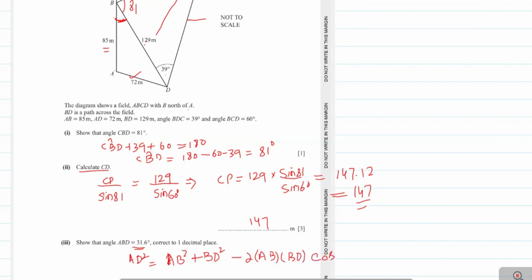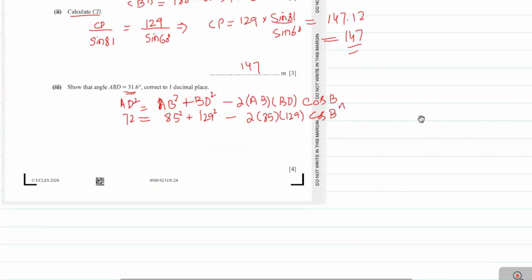This is cos B. And look here, AB length here is 85 squared, BD length here is 129 squared, AD length here is 72, minus 2, AB is 85 into BD here is 129 and cos B. Now we can calculate this value.